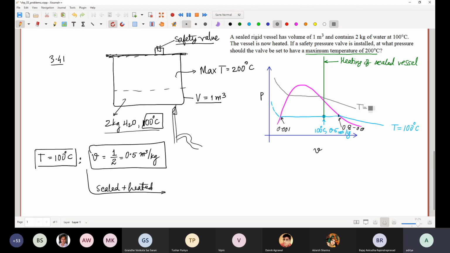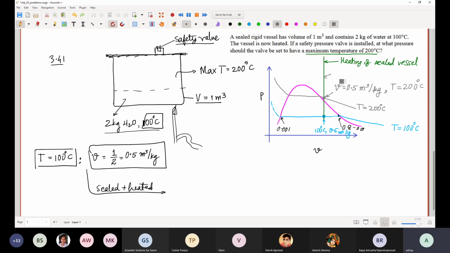Wherever the T equal to 200 isotherm intersects the green line, which is the isochoric process, this will represent v equal to 0.5 meter cube per kg and a temperature of 200 degrees Celsius.